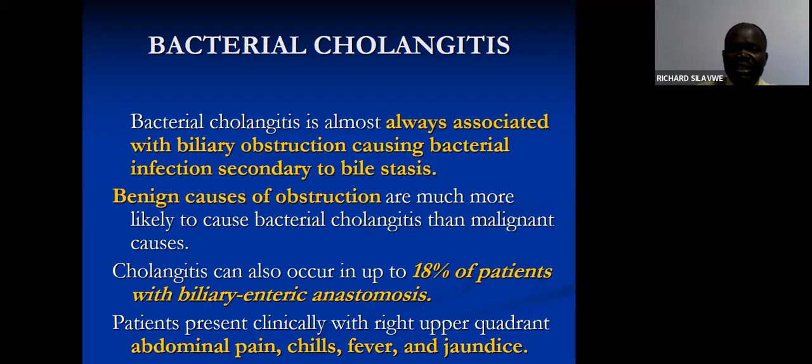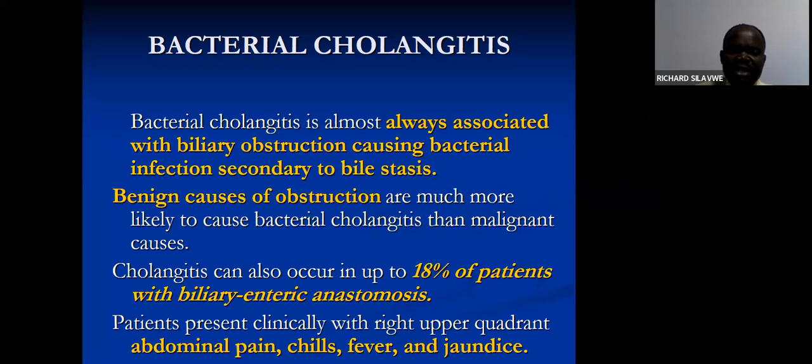Bacterial cholangitis is almost always associated with biliary obstruction, causing bacterial infection secondary to bowel stasis. Benign causes of obstruction are much more likely to cause bacterial cholangitis than malignant causes. Cholangitis can also occur in up to 18% of patients with biliary enteric anastomosis.